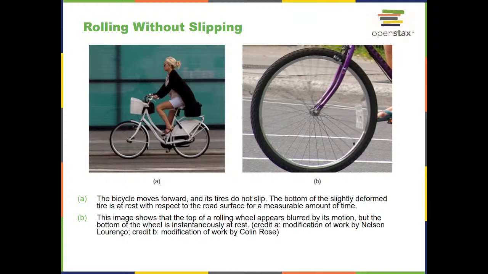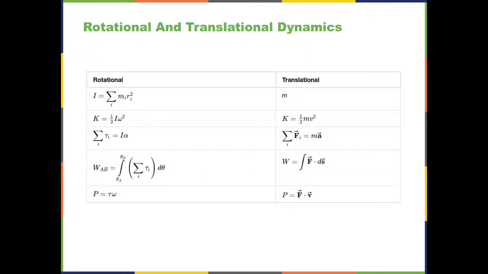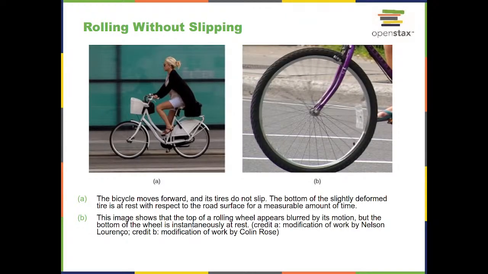Okay, on to chapter 11. The first section there is rolling without slipping. That's an example that combines some of the rotational and some of the translational dynamics. In particular, it looks at a system that's rotating, like this bicycle wheel, and at the same time moving forward, in this case without slipping.